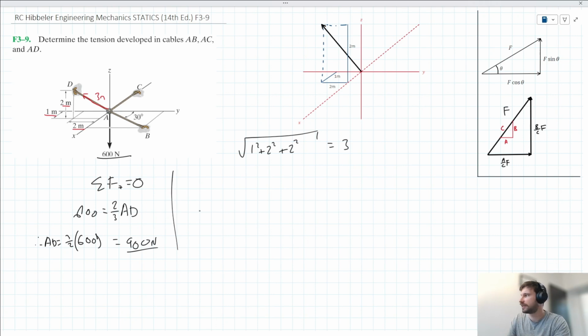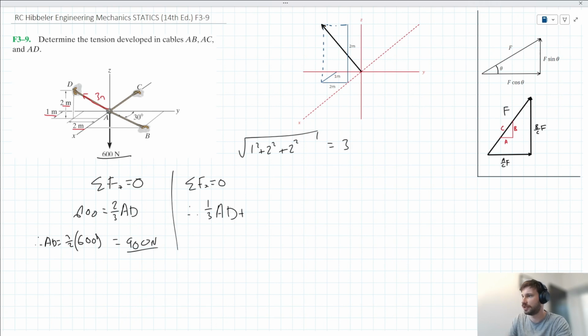Let's resolve in the X then. The sum of the forces in the X is equal to 0. Therefore, things acting towards us in the X are equal to things acting against us in the X. What have we got acting towards us? We've got the X component of AD, which we can describe as 1/3 of AD. What else?